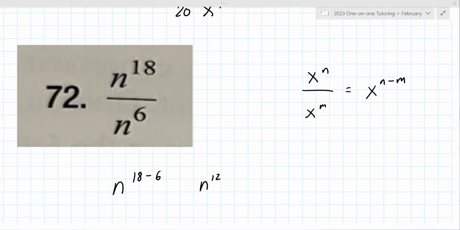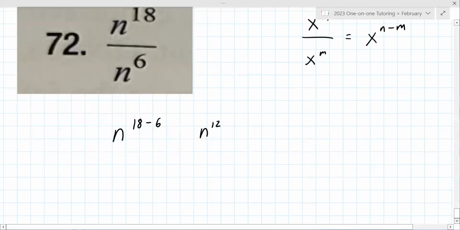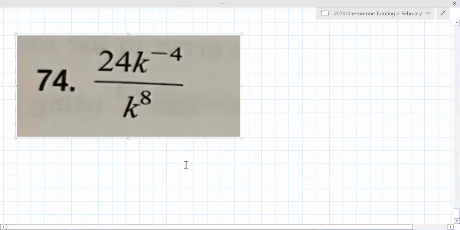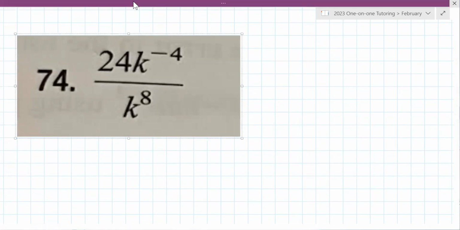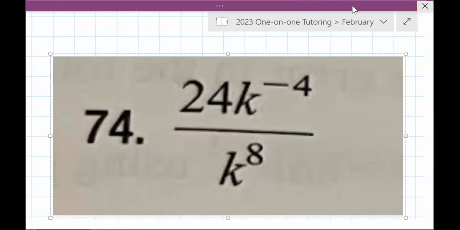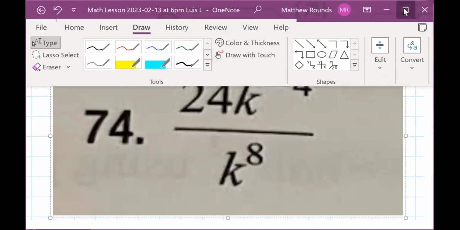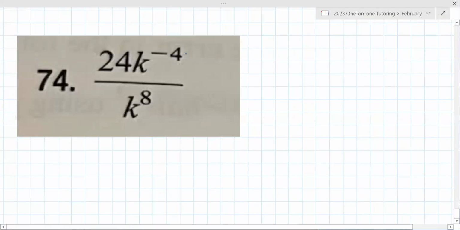Okay, so let's look at 74. Again, this has a part that you need to focus on, which is the part in blue. You really just want to focus on this: k to the minus 4 over k to the 8th.